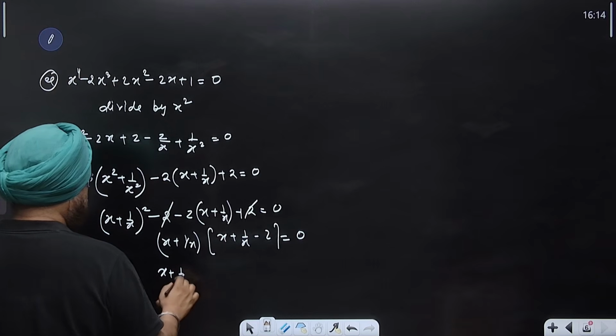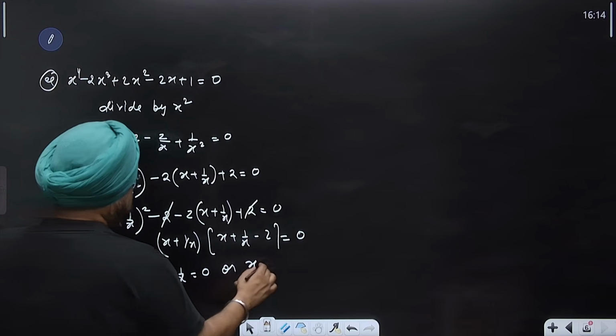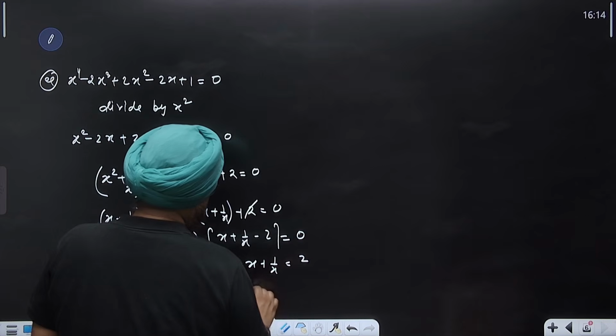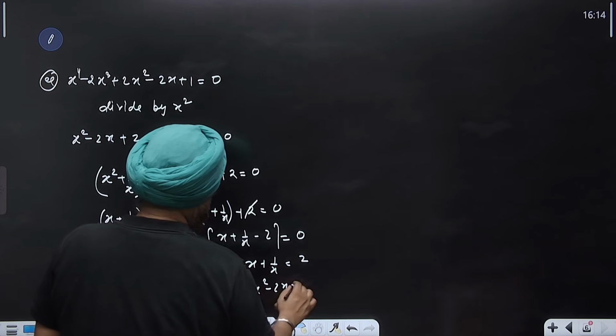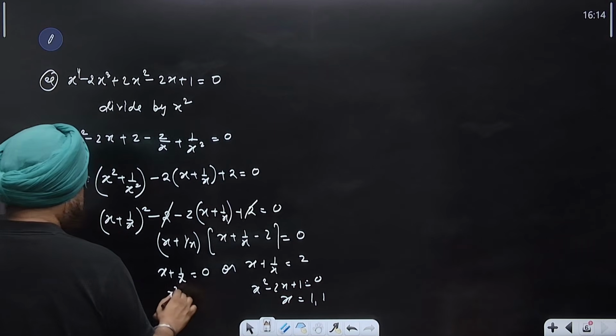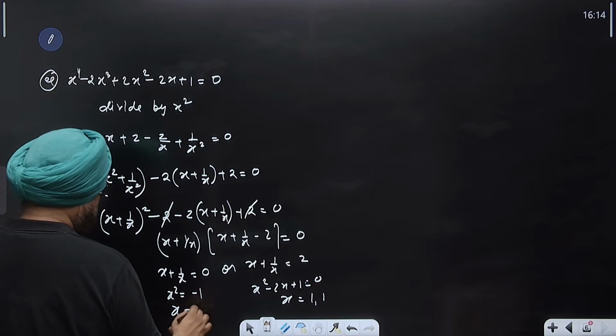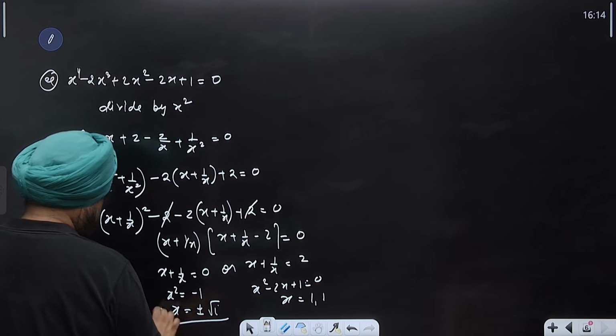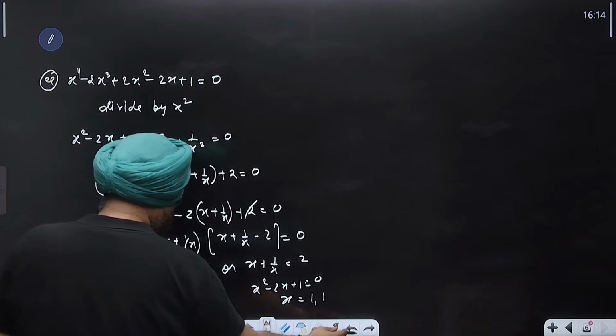So x plus 1 upon x is 0 or 2. From this, both the roots are equal, 1 and 1, and from this both the roots are plus minus root minus 1, which is i.